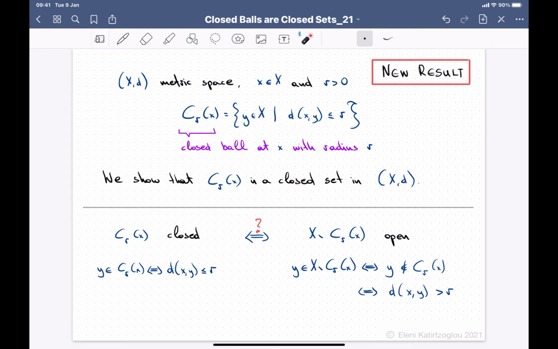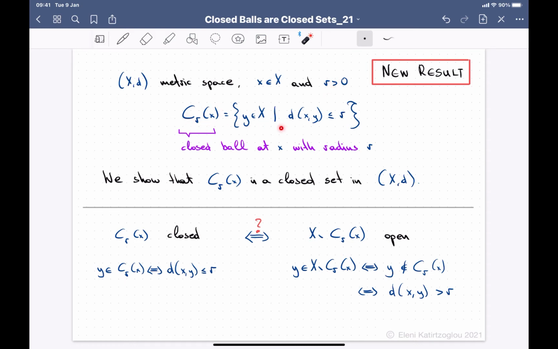Recall that a metric space is a pair, that means a non-empty set equipped with a distance function. So we are in a metric space. Take any point in the metric space, here little x, and a positive real number r.